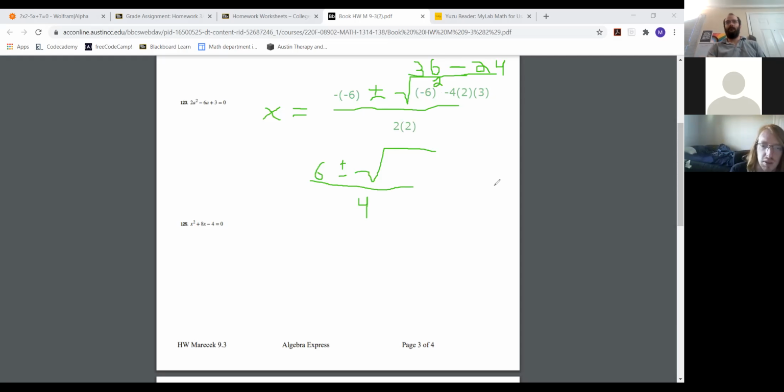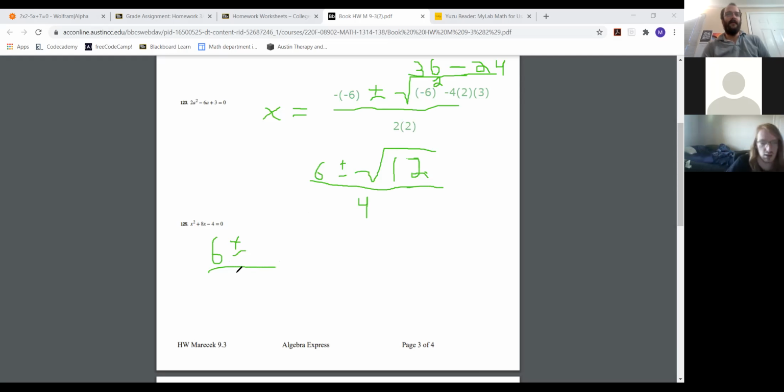It gives us 6 plus or minus the square root of 12 over 4. And that goes to 6 plus or minus 2 radical 3 over 4.